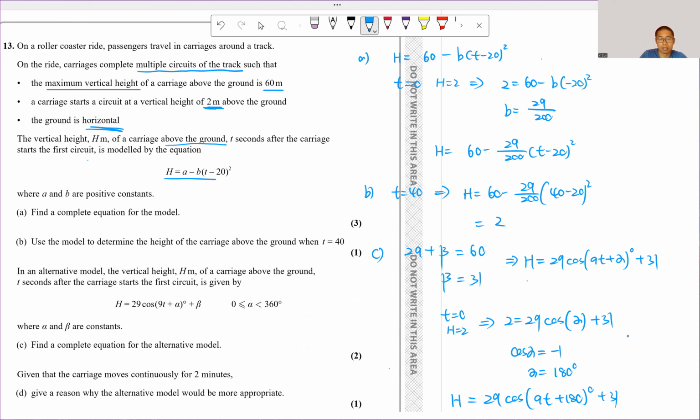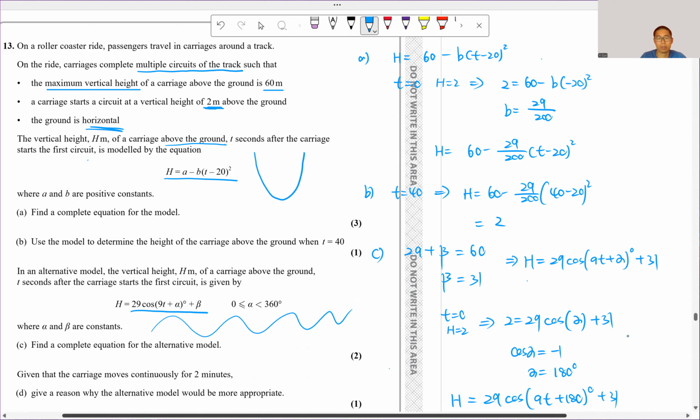This one is a quadratic, and a quadratic can only look like this. And this is cos, which is periodic. If it's periodic, it should repeat multiple times, but for a quadratic, it doesn't. That's why the alternative model would be more appropriate, because it's a periodic equation.